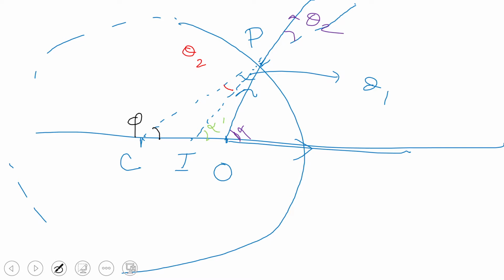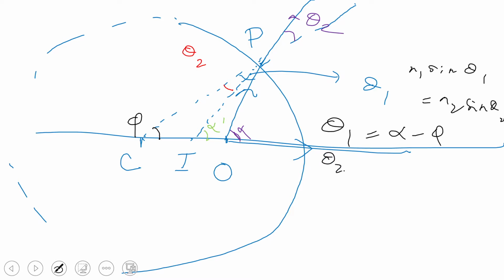Now we have seen that n1 sine theta 1 is equal to n2 sine theta 2, and from the external angles alpha and alpha prime, we saw that theta 1 is equal to alpha minus phi, and theta 2 is equal to alpha prime minus phi.